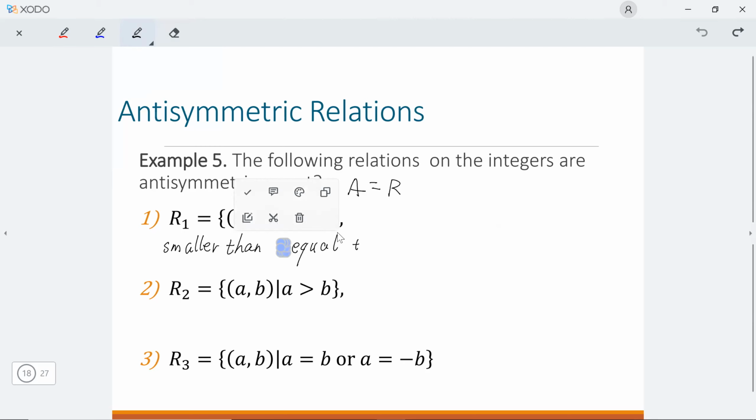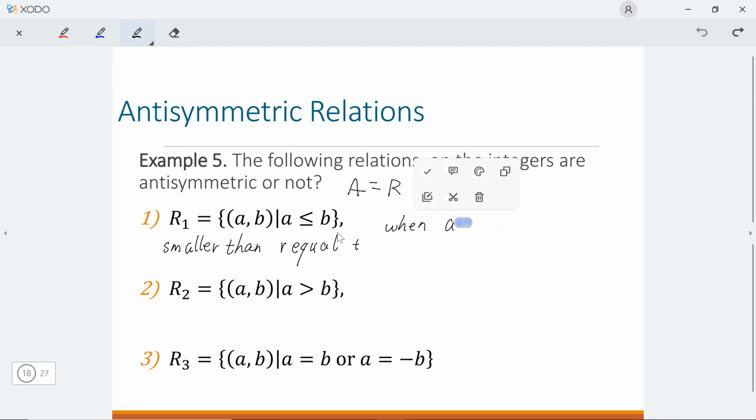We can think about any real number smaller than the other one. For example, if A equals 1 and B equals 2, then the value of A is smaller than the value of B.